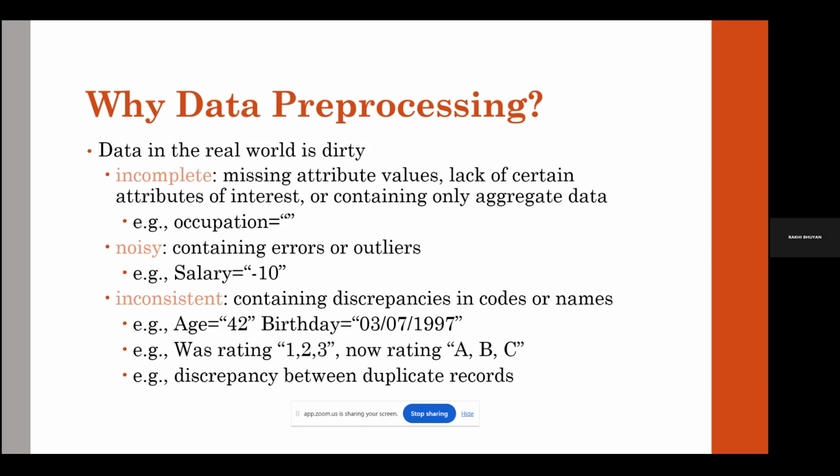Because if we clean the data, only then do we get a smart result out. If we don't clean our data properly, we are literally asking our machine to learn from garbage, and then we wonder why it's making wrong predictions.